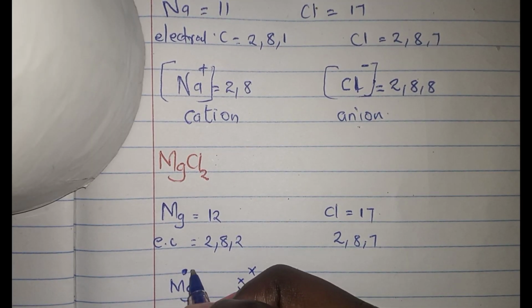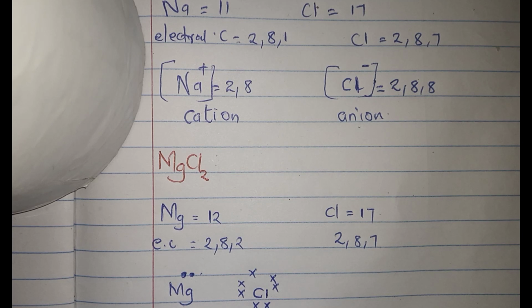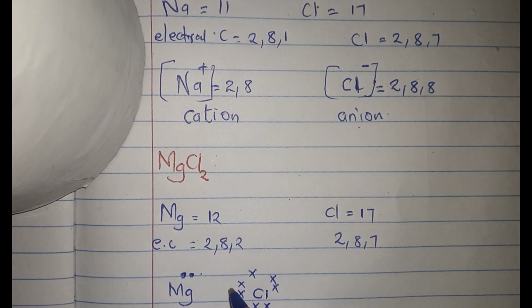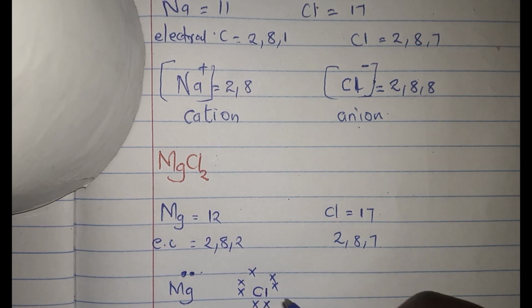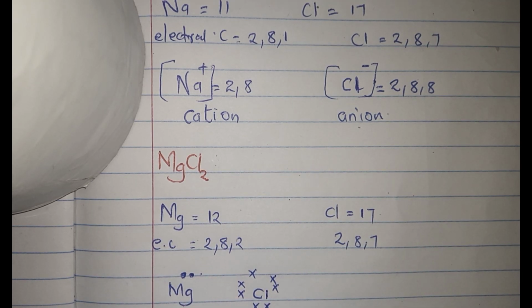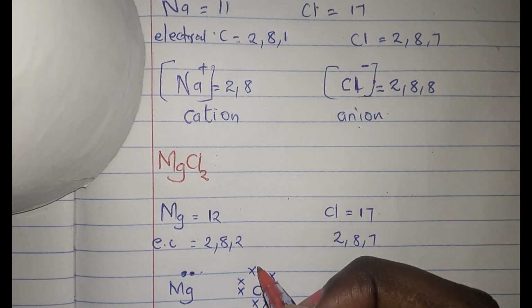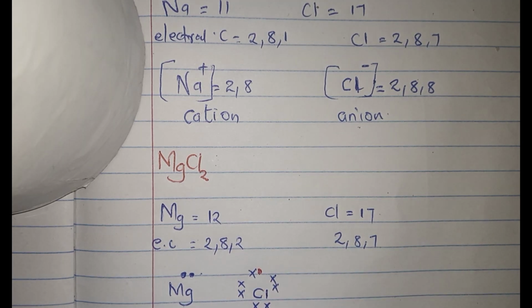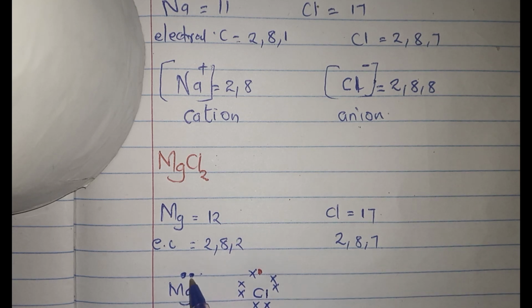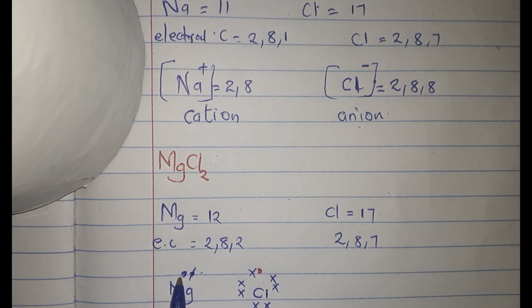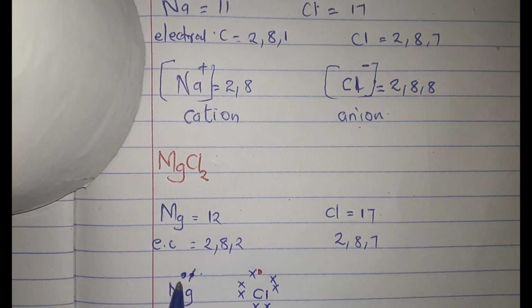So we are transferring this. For this chlorine atom to be stable, it has to be given 1 electron. So therefore, magnesium is donating, or transferring, 1 electron to chlorine. So this chlorine here is already stable, and this electron has been transferred.